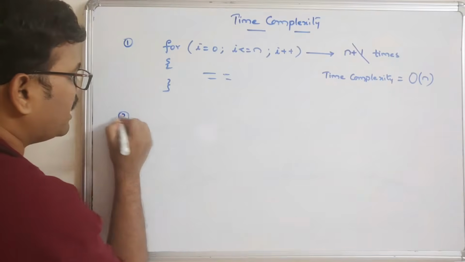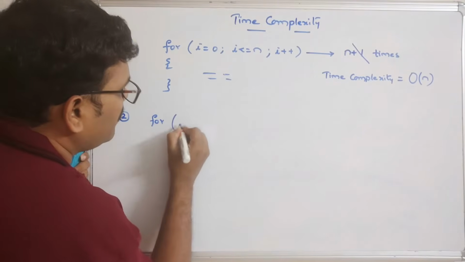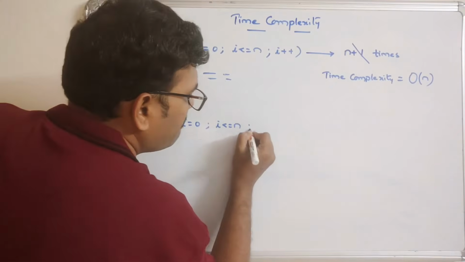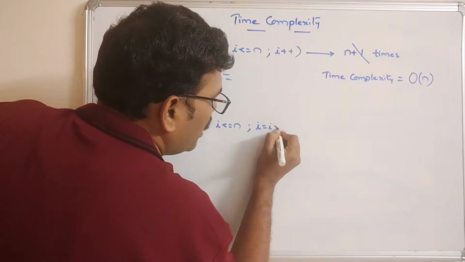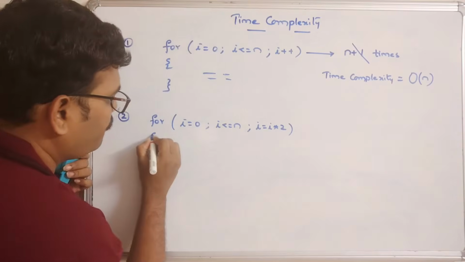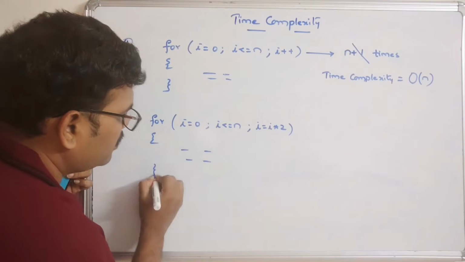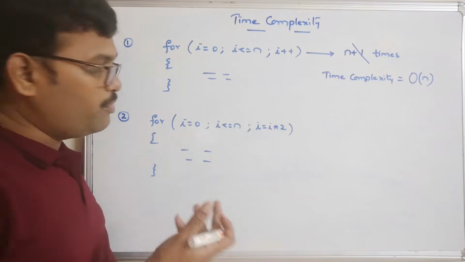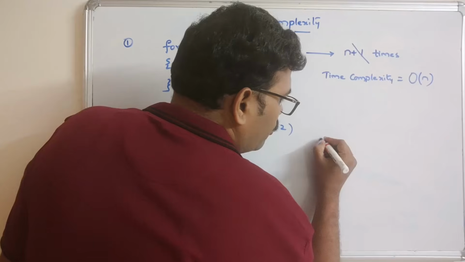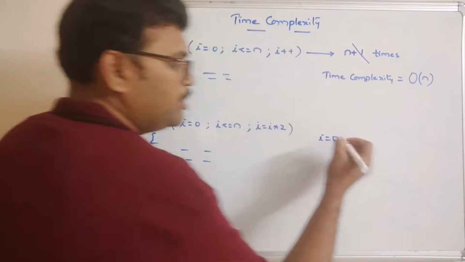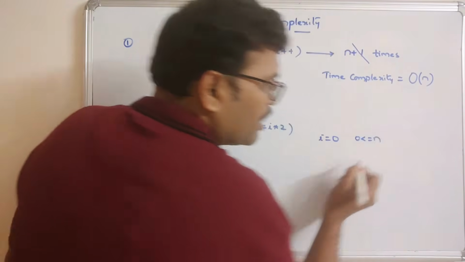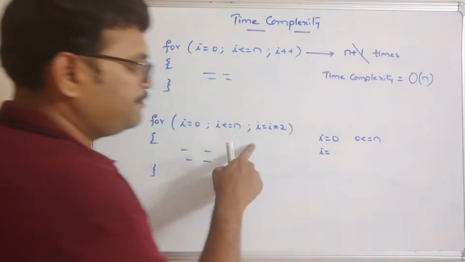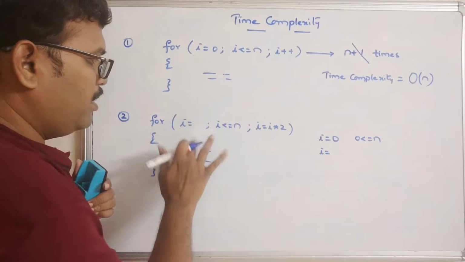So let us take one more example. For i equal to 0, i less than or equal to n, and i equals i into 2. What happens here? How many times will it be executed? Now we have to trace. When i is equal to 0, 0 is less than or equal to n. If it is true, consider, sorry, let us take i as 1.